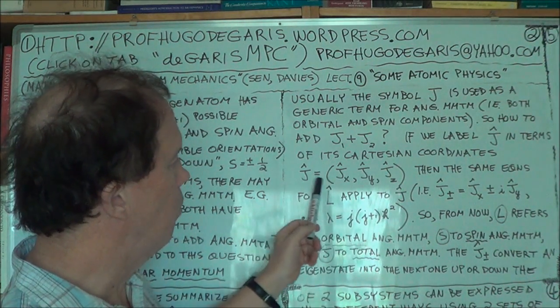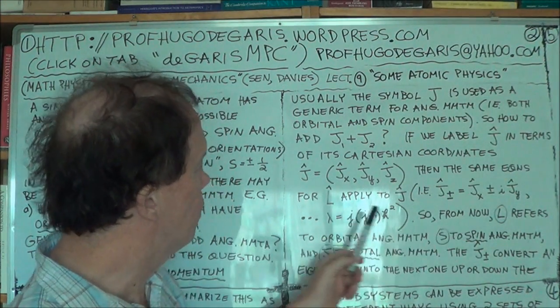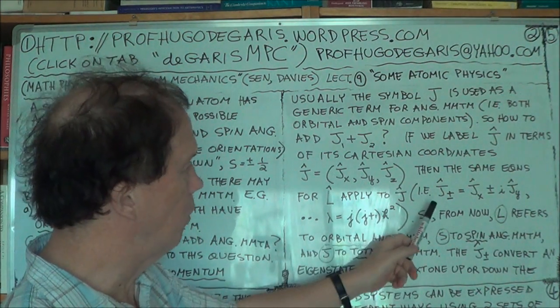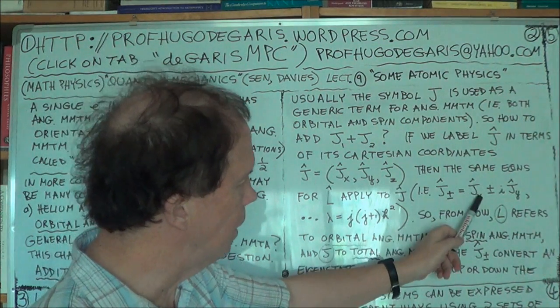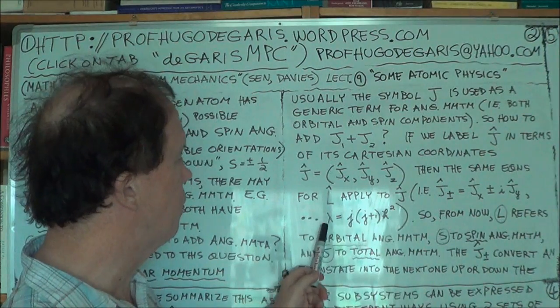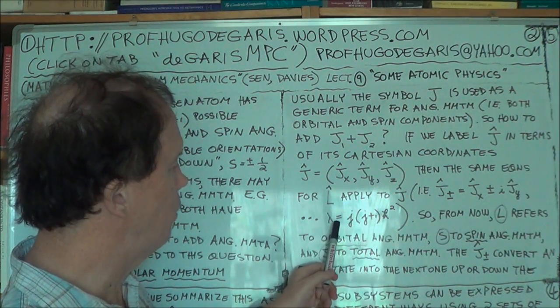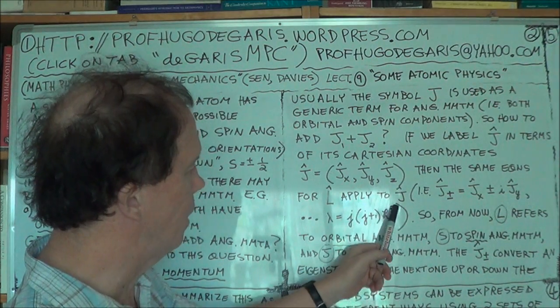And let's say it has components along the x, y, z axes, of this form. And then what we've done here for J, all the logic we went through for L, like when we had L plus minus, Lx plus minus i Ly, and so on, all the way through to calculating what the eigenvalues should be, that lambda should be l(l+1) h bar squared.